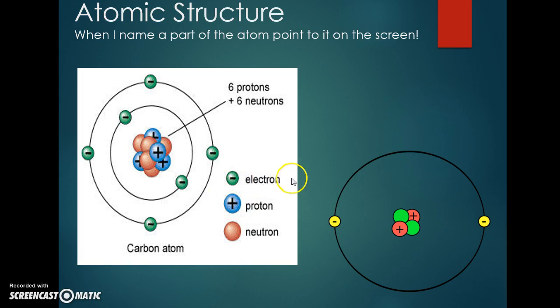As soon as I start adding more electrons to an atom, that is an ion. As soon as I take away electrons from an atom, that is an ion, and we designate the name of that atom as either having excess electrons, which would give it a negative whole charge, or having a lesser amount of electrons, which means there are too many protons, which designates that atom as having a positive charge, okay?